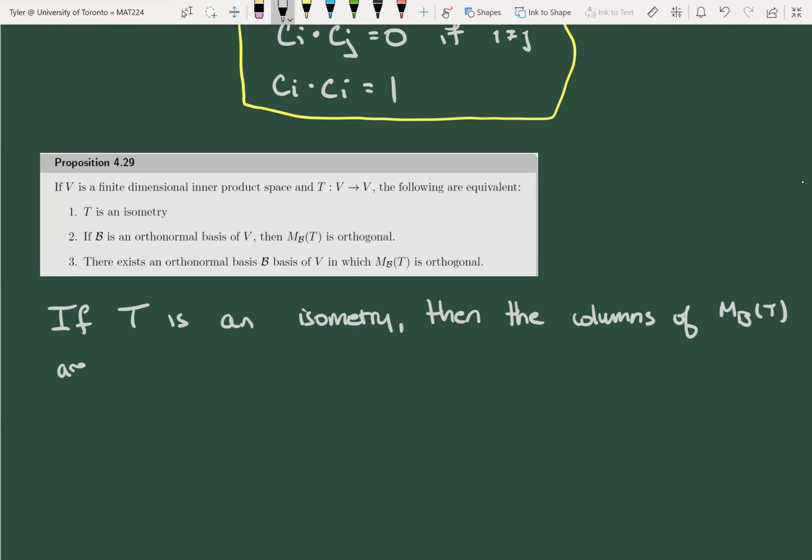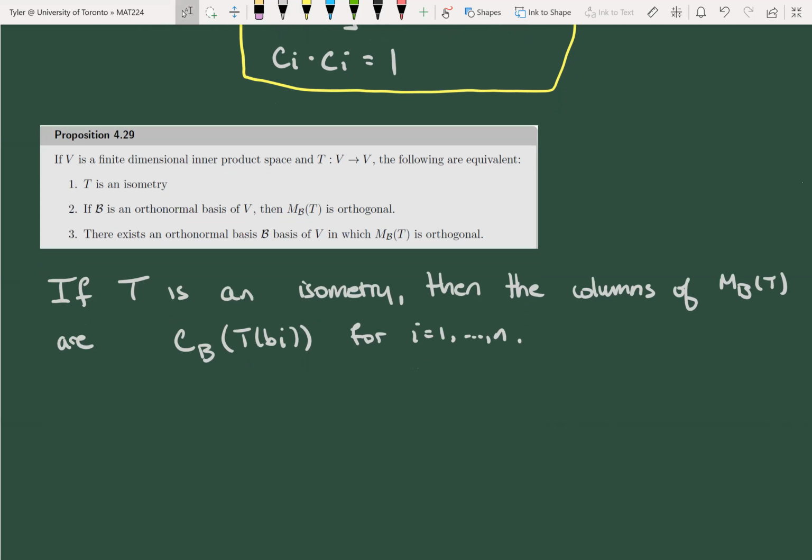We're all pros at this because we've done this a million times. They are C_B(T(b_i)) for i equal 1 through n. So what we want to show is that these things, which are the columns of the matrix representation, are all orthonormal.